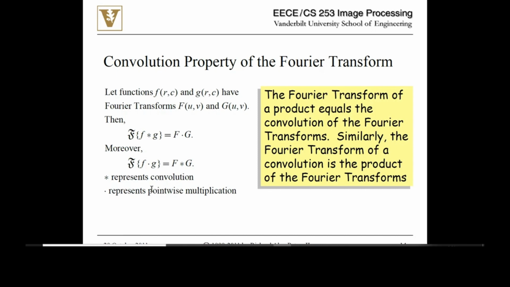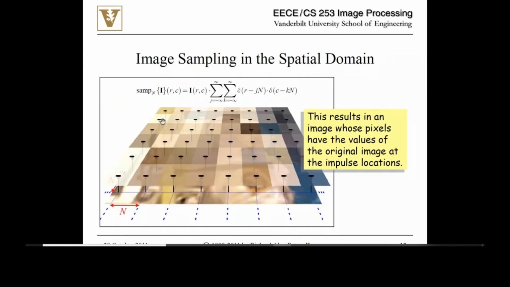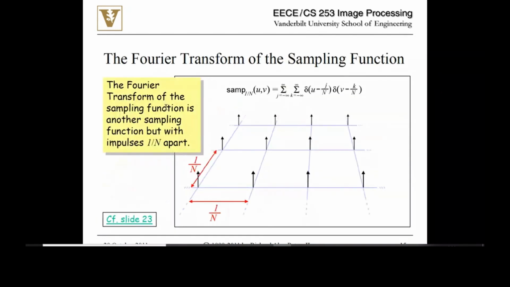Okay, so this is a reminder of the convolution property of the Fourier transform, and this we already know. So convolution in real space translates into multiplication in Fourier space, and multiplication in real space translates into convolution in Fourier space. And here we are multiplying by the train of deltas in real space, so that is why we convolve in Fourier space.